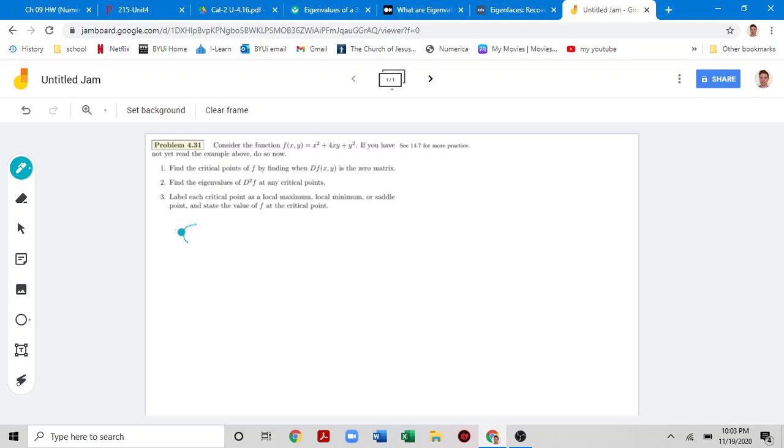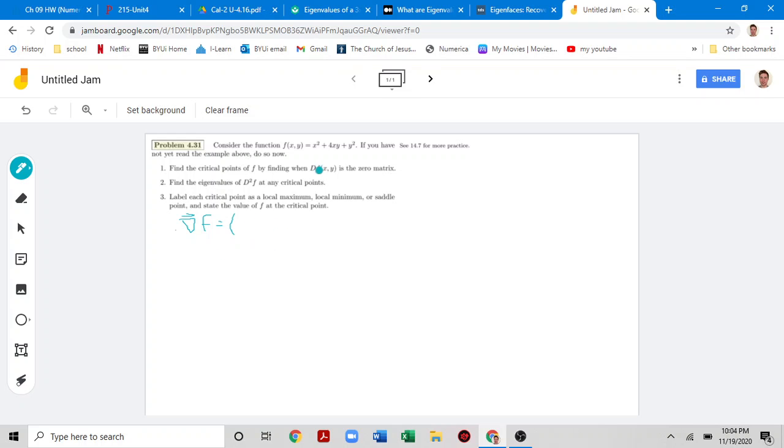What we want to do is solve for the gradient first, so we can get the x and the y parts of the gradient by themselves. Gradient of f, and let's do the x side first.